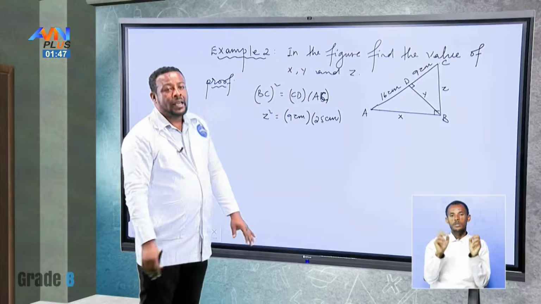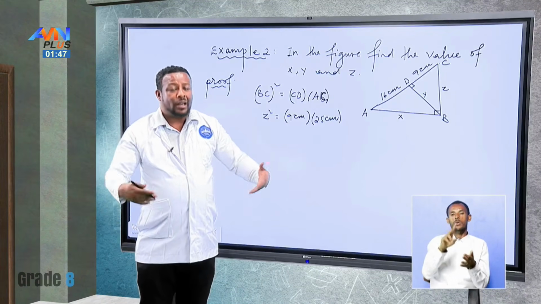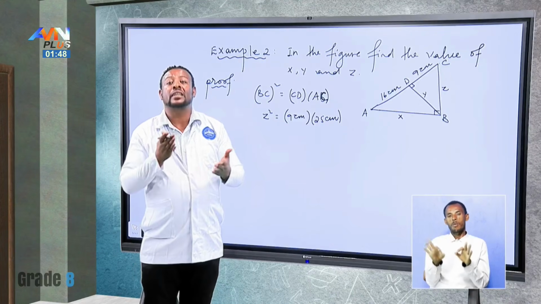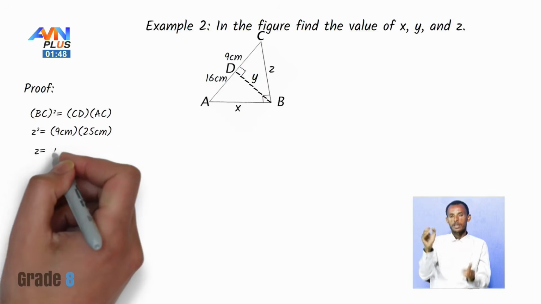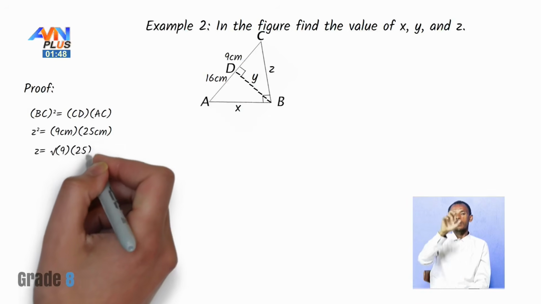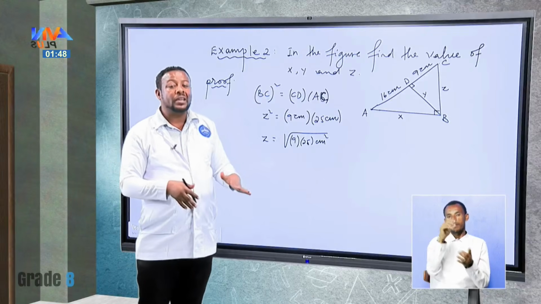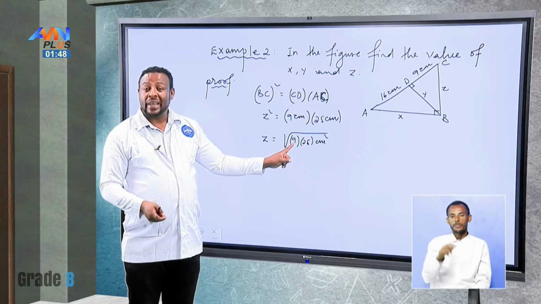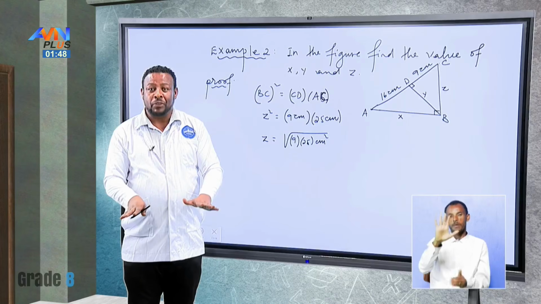Okay, so Z square is the product of these two. You may have a calculator. If not, no problem. You can directly put this in the radical. So Z becomes, in the radical, 9 times 25 centimeter square. Now, everything from this radical can be taken out, right? Square root of 9 is 3, and the square root of 25 is 5, okay?